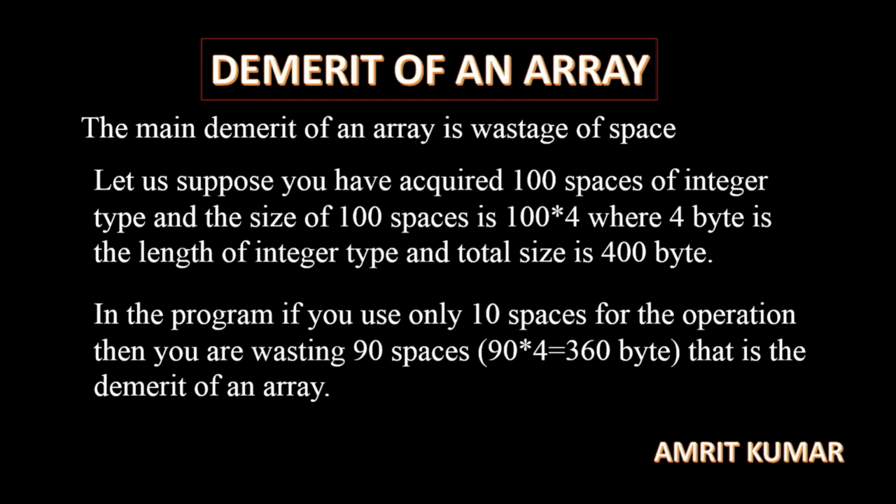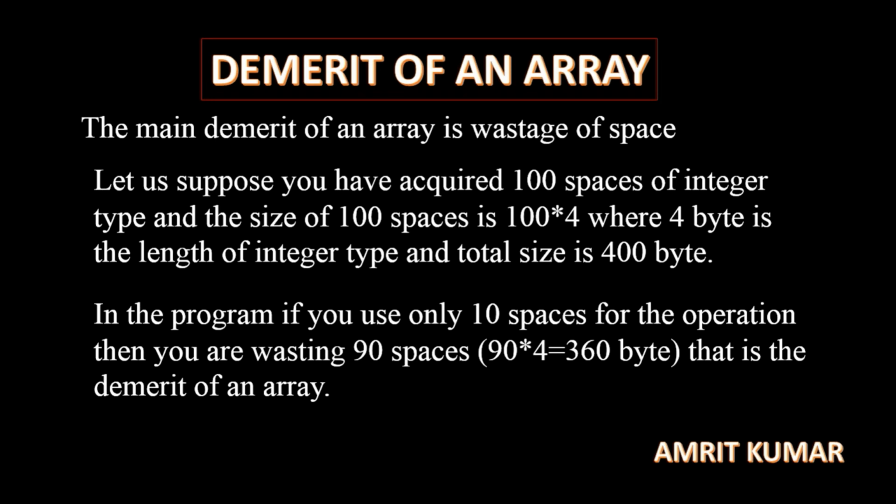Suppose in the program you use only 10 spaces for the operation, then you are actually wasting 90 spaces, and it means 90 into 4, that is 360 bytes you are wasting. That is why it is the demerit of an array.